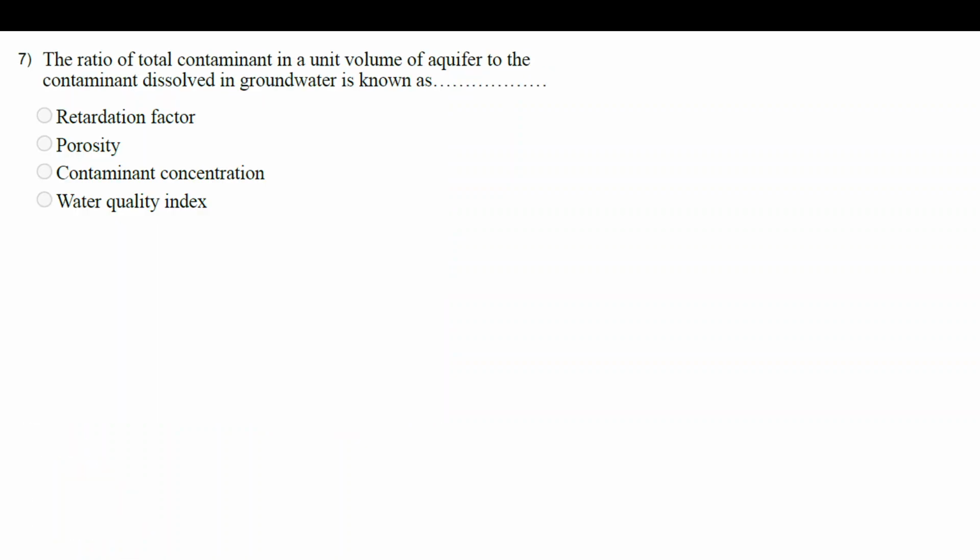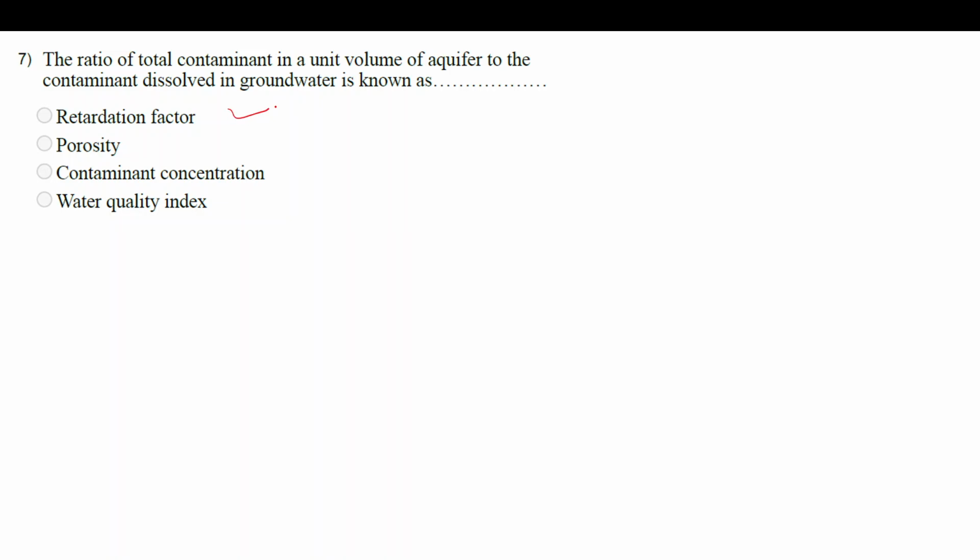So the next question is: the ratio of total contaminant, with contaminant and unit volume of aquifer, to the contaminant dissolved in groundwater. That is a direct definition which we have discussed in previous slides. This is nothing but the retardation factor. Now, what is a retardation factor?